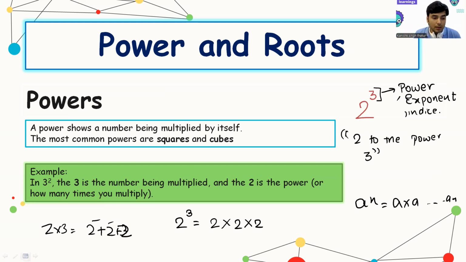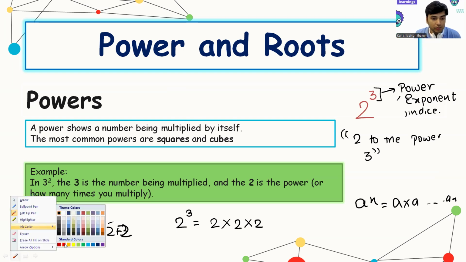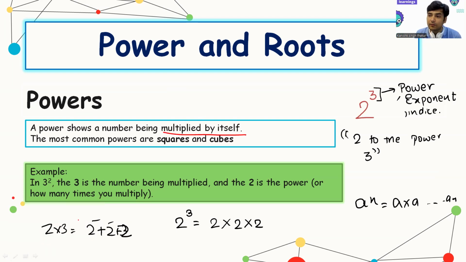So all powers actually show a number multiplied by itself. Square is when you have multiplied 2 times by itself. Cube is the term used when you have multiplied 3 times by itself, nothing else. So 2 to the power 3, I can read directly as 2 cube.